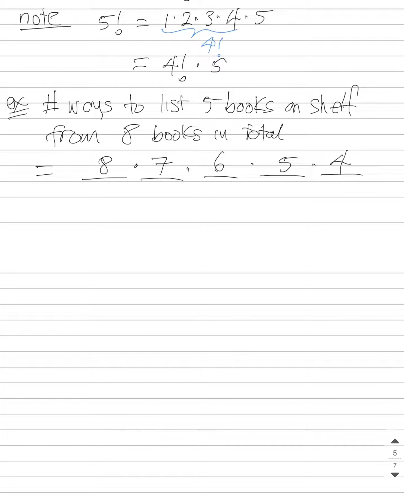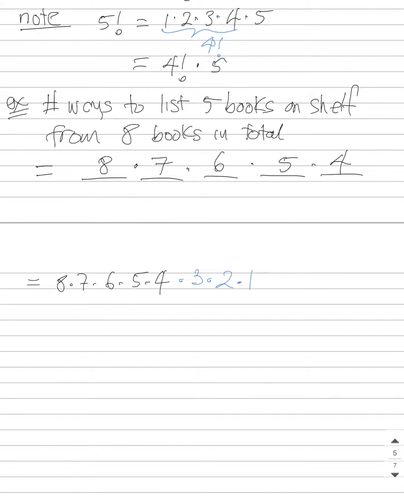Mathematicians will look at this expression that I've got, and they'll say, you know what? It seems like there's a pattern here that just hasn't finished, right? 8 times 7 times 6, all the way down to 4. And mathematicians would say, oh, I would really love it if this would finish off 3 times 2 times 1.